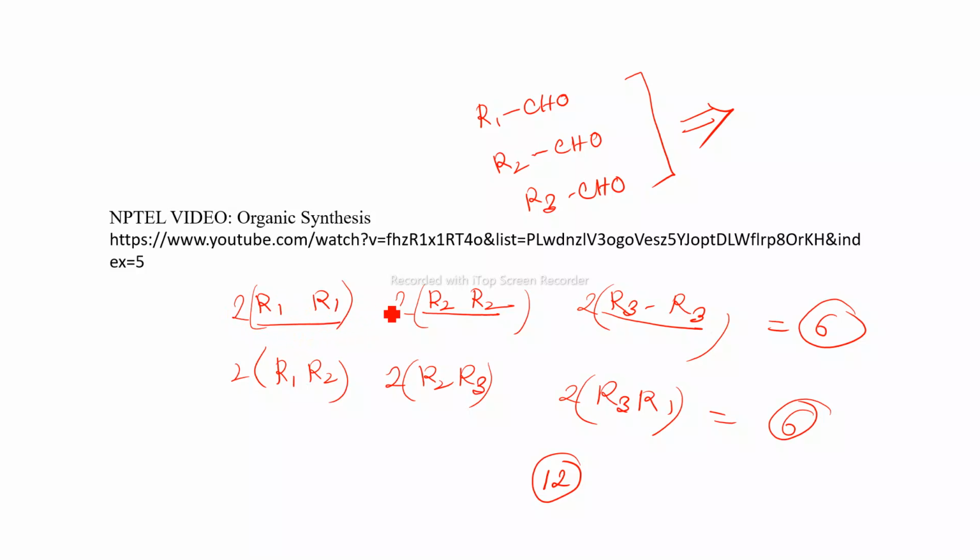Every time cis and trans, two are possible, so 6. Second time, R1 R2, R2 R3, and R3 R1, again 2 each time. So total 6 plus 6, so 12 possibilities. Is it clear?